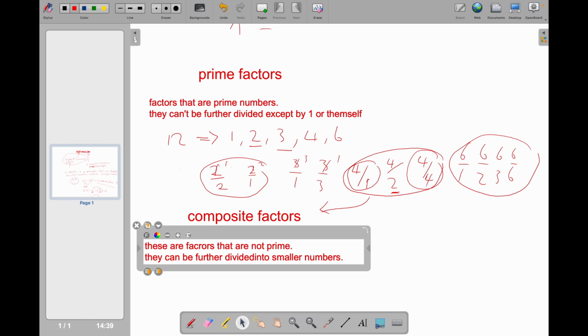For example, we talked about 4 and 6. So these are called composite factors. So when you talk about factors, that's what we are talking about.